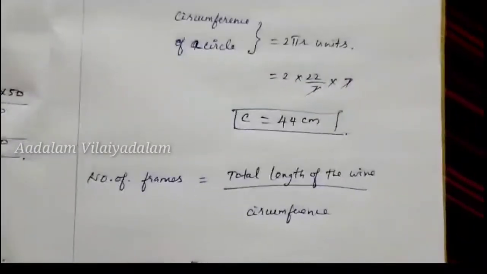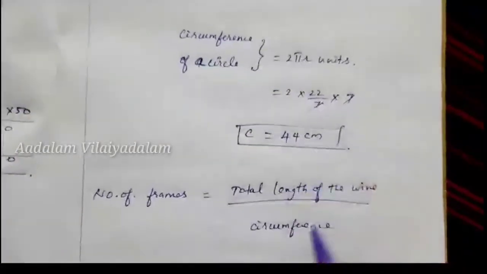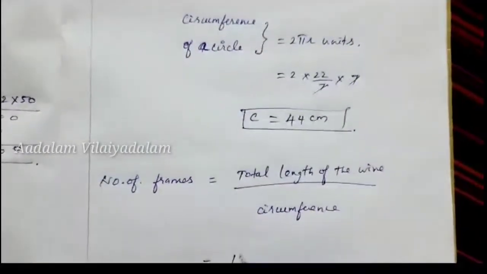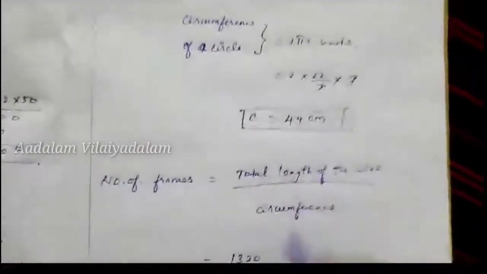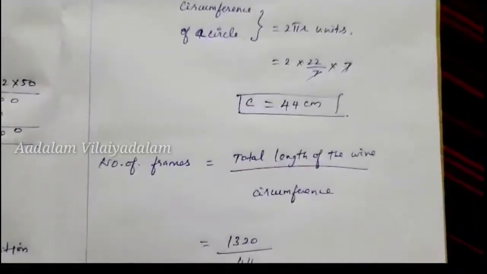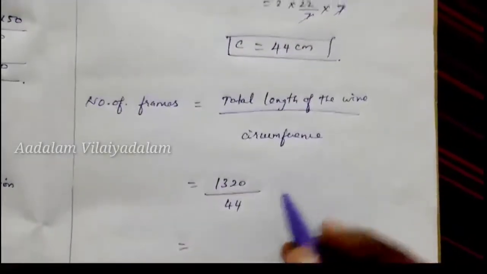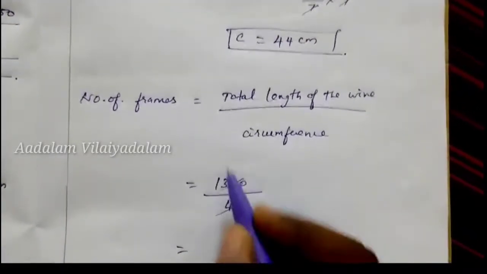So total length of the wire is 1320. Circumference of the circle is 44. Then if we divide it, we can divide it by 2 table.